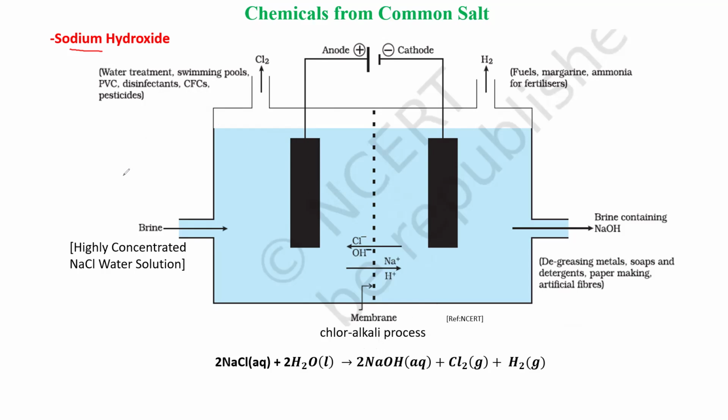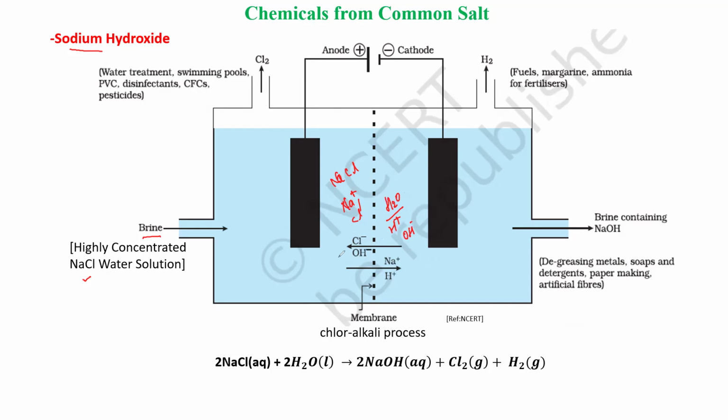Finally, in this setup, on the left side what do we have? Brine. Brine is a highly concentrated sodium chloride water solution. Now what is happening? Due to the electrolysis process, NaCl separates into Na+ and Cl-. Similarly, since the reaction is in water, the water molecule also separates into H+ and OH-.